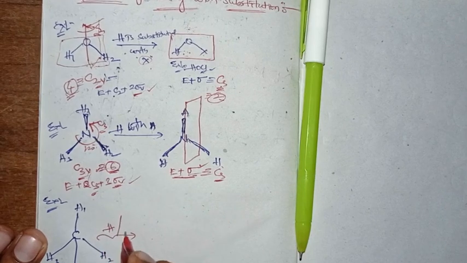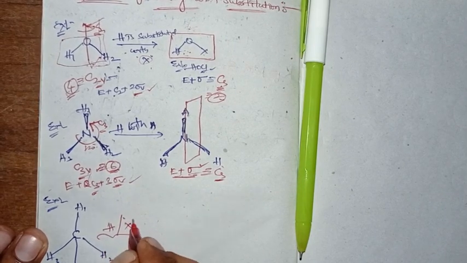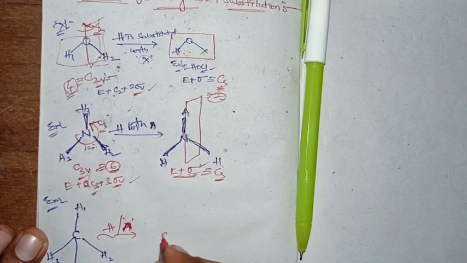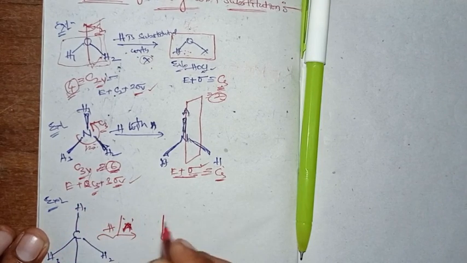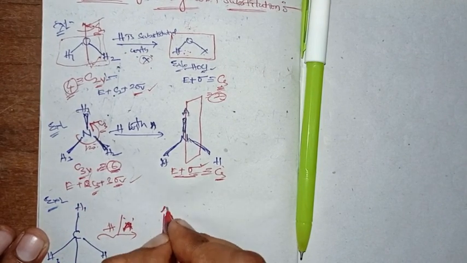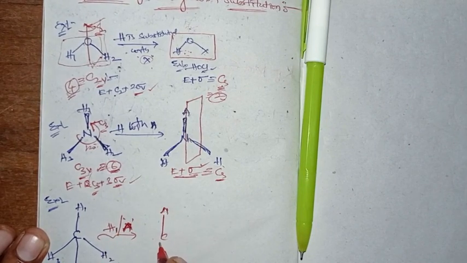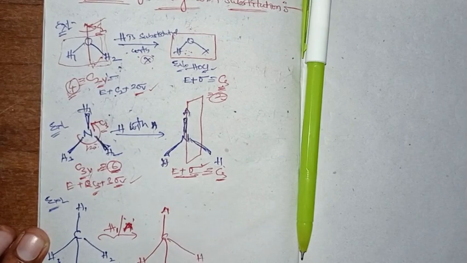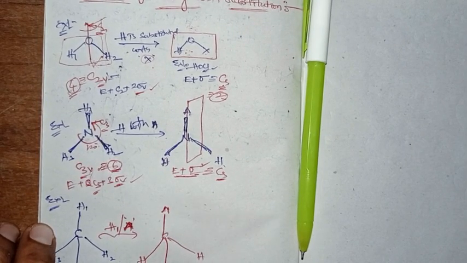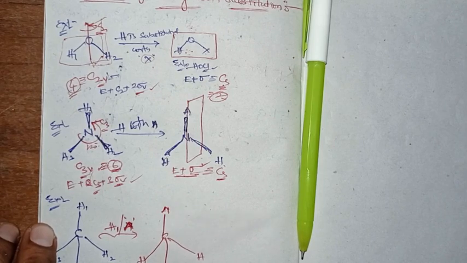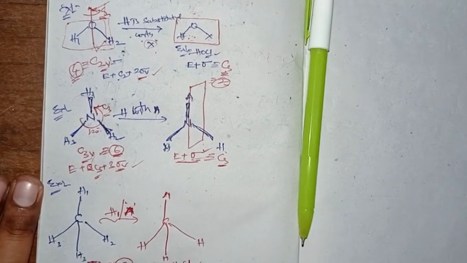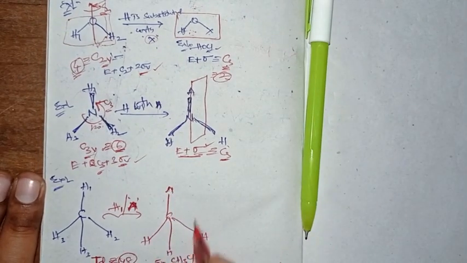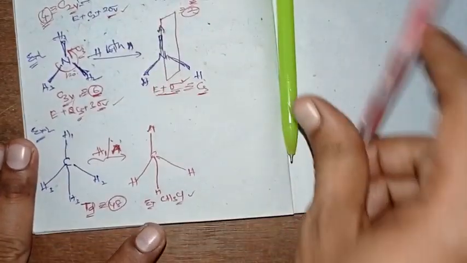Upon substitution of one of the hydrogens, H1, by some X or A, it may result in such a molecule. This may be equivalent to chloromethane. When A is chlorine, it becomes chloromethane.